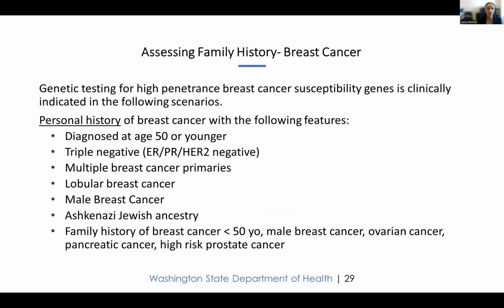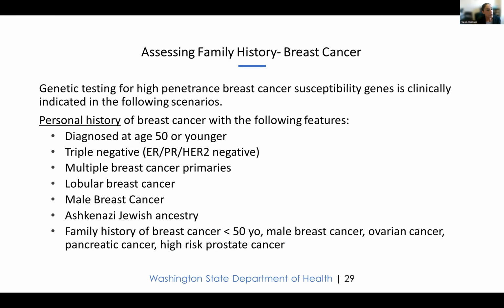So starting with breast cancer, genetic testing for breast cancer susceptibility genes is indicated when an individual has a personal history of breast cancer with these specific features. So if it's diagnosed at age 50 or younger, if it is triple negative disease, and again, this is not diagnosed at 50 or younger and triple negative, it's either 50 or younger or triple negative disease, so ER/PR HER2 negative.